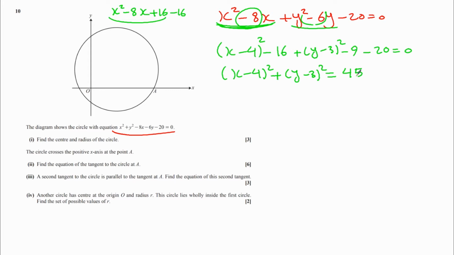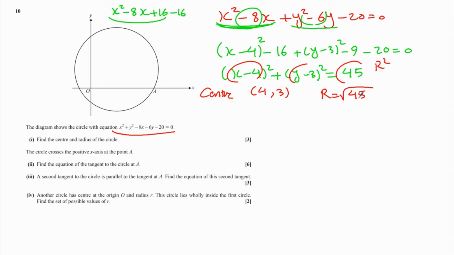So this is the equation of a circle, which has the center of 4 and 3. This equal to 0 gives x equals 4. This equal to 0 gives y equals 3. And this is r squared. So this is the center, and the radius is the square root of 45.